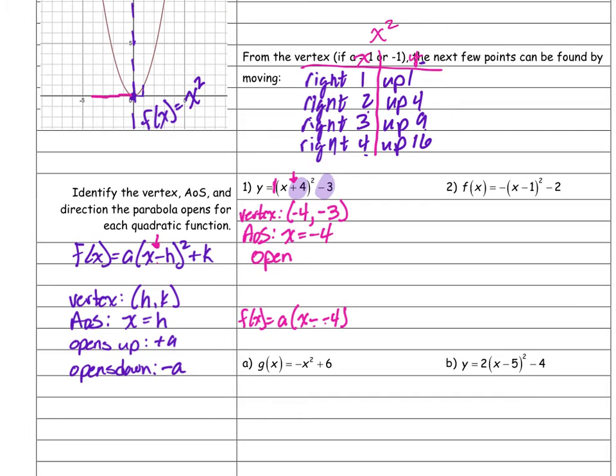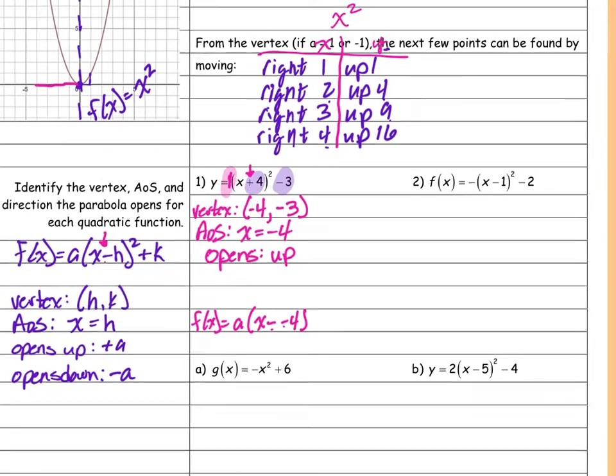Negative. No, it's positive. Good, thank you. Yeah, this number out here, right? Let me highlight that so everyone can see it. This number right here is positive. So therefore it opens up. And that's it.